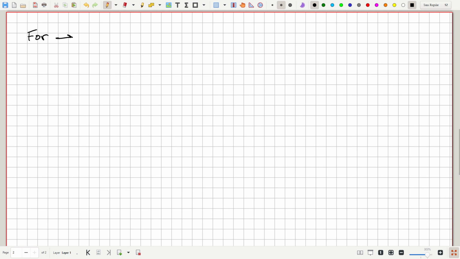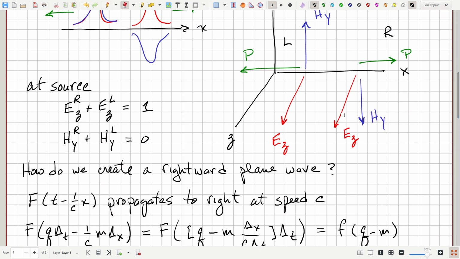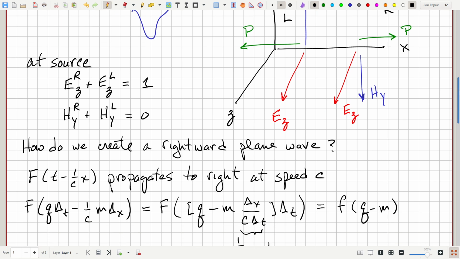For a rightward propagating plane wave, we have this relationship between electric and magnetic fields. The H_y would be minus 1 over eta_0 times E_z, just going back up to this picture here. The ratio of electric and magnetic field in a plane wave in free space is eta_0.